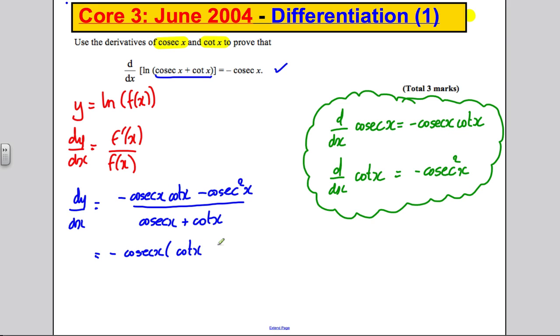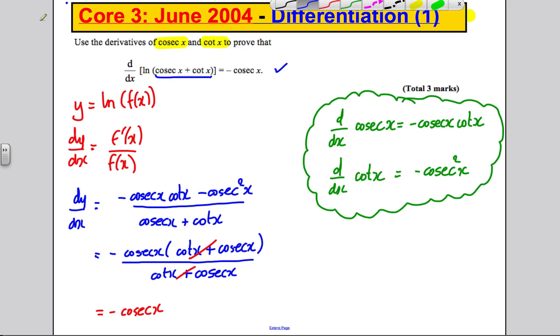Cot x plus cosec x all over cot x, or I've just put that first, plus cosec x. And hey presto, cancellation occurs and you get what you were looking for, namely negative cosec x. And it was a whole lot easier than it could have been if you hadn't factorised. Okay, next question.